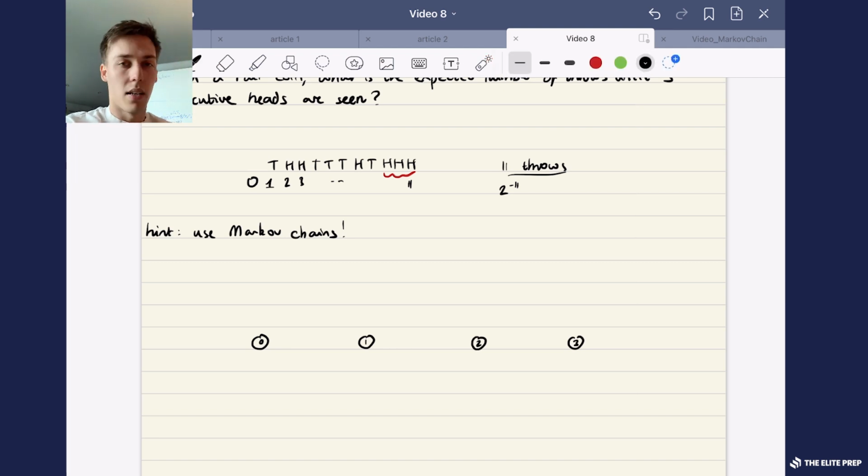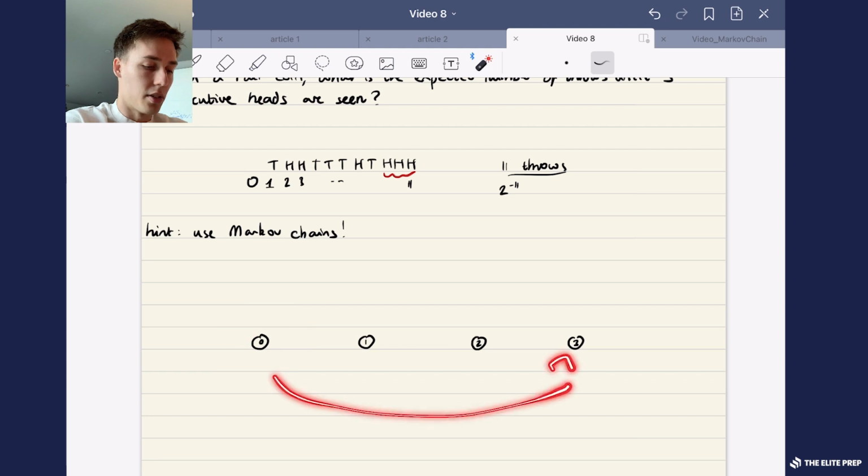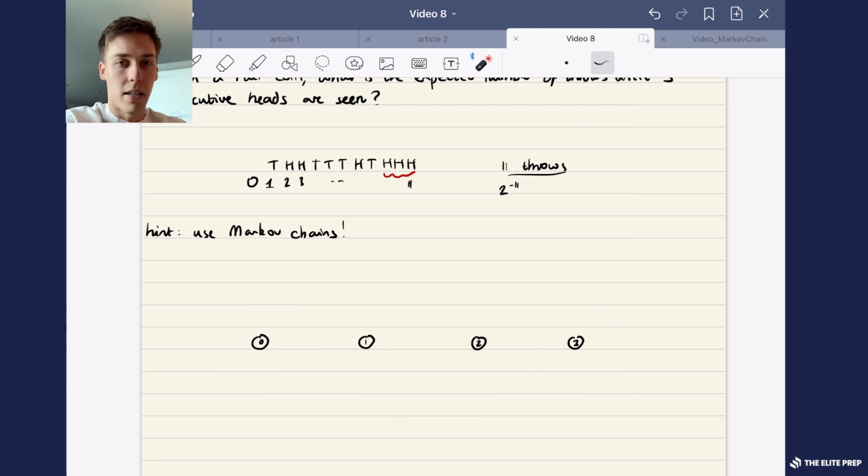A transition probability is defined as the probability in one time step of moving from one state to another state. For example, we cannot go from state 0 to state 3 in one time step, because you can't go from having thrown 0 consecutive heads to 3 consecutive heads in one throw.